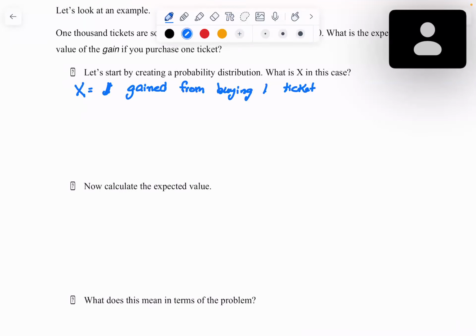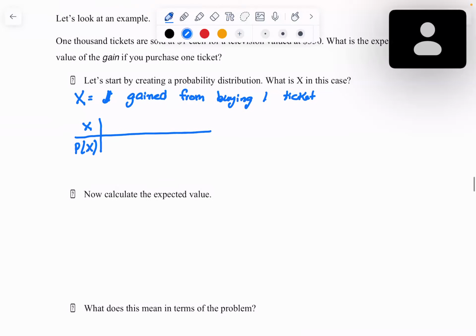So let's just think of it this way. Here is x, here's the probability for each of them. So either we could win the TV or we could not, right? So if we don't win the TV, that means we lost $1. We just lost $1. So the first value of x is -1.